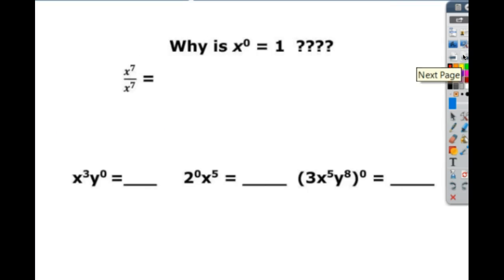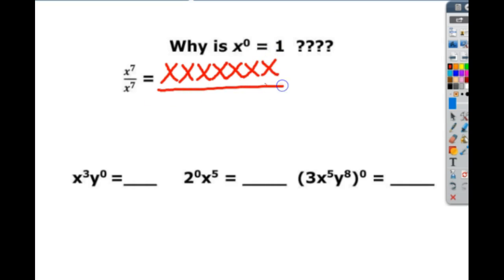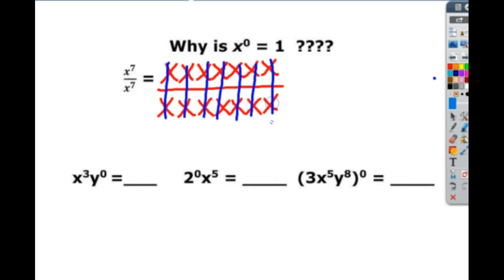This is a problem like the one we did with the 4s. x^7 divided by x^7.